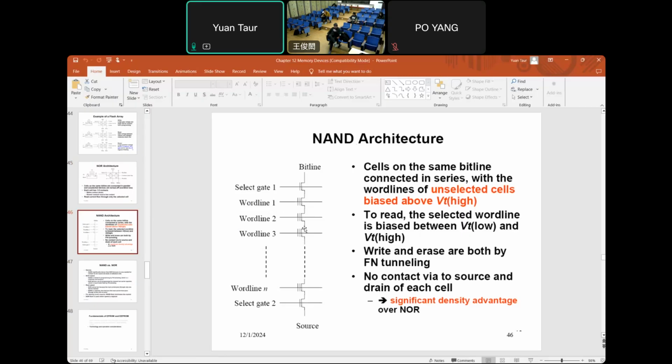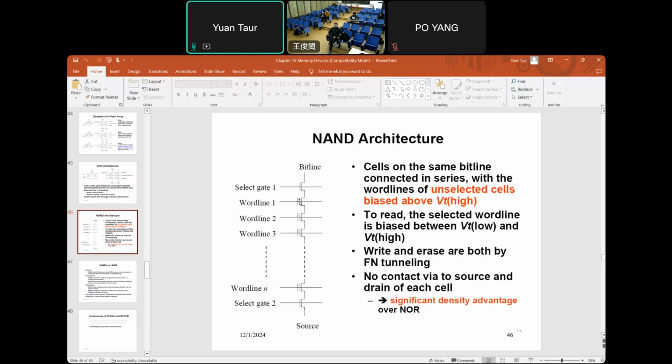Okay? But when you connect in series, when you try to see if one of the cells is on or off, the rest of the cells have to be on. So in other words, the unselected cells, or the word lines, have to be biased high enough so that whether there's a charge or not, that cell is turned on.